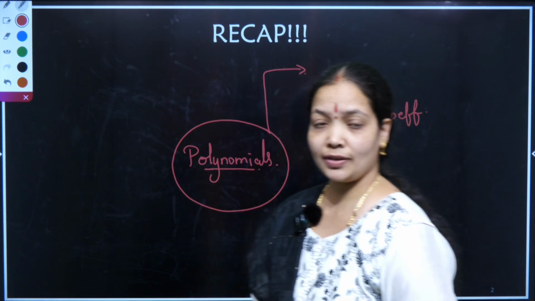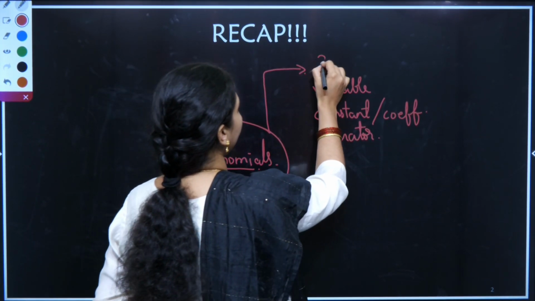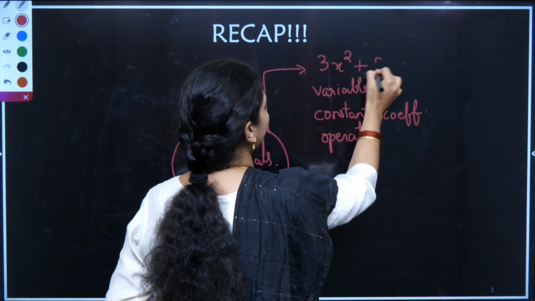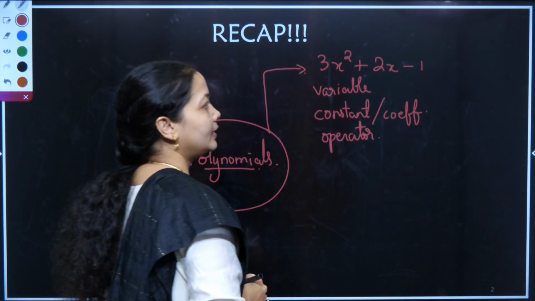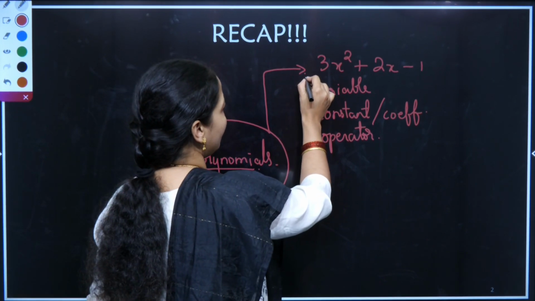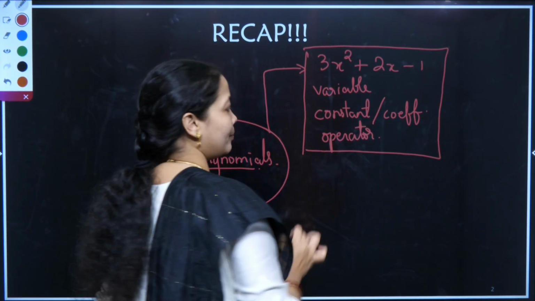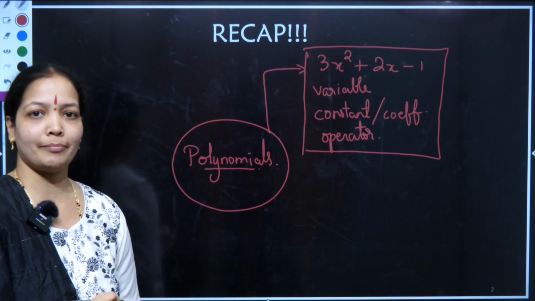Can we quickly give an example? Yes, the example can be 3x square plus 2x minus 1. This is the simplest form in which we have all these three components specified. So this will be the first block of the mind map.